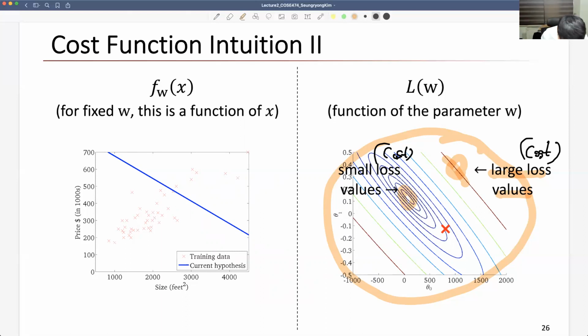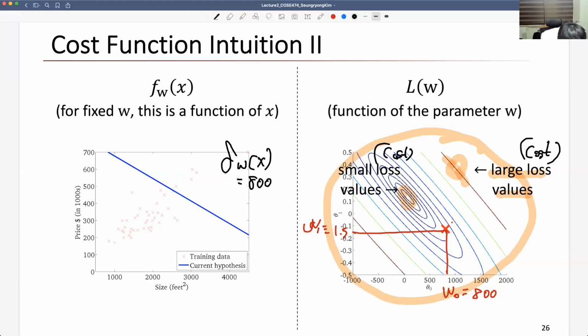Okay. So now let's think about one sample in the contour plot. Let's say W0 is equal to 800 and W1 is equal to negative 1.5, right? Then we can define the mapping function f_W(x) as 800 minus 1.5x, right? So we can draw the straight line, looks like this.